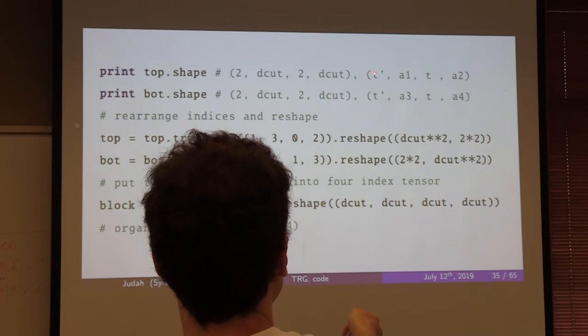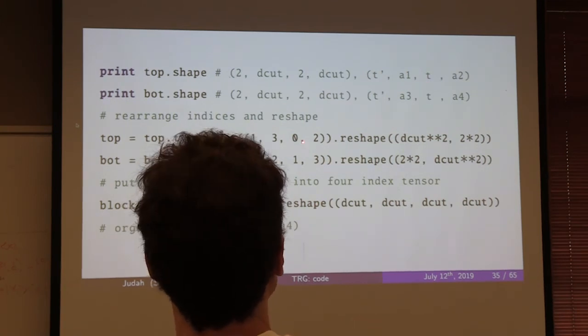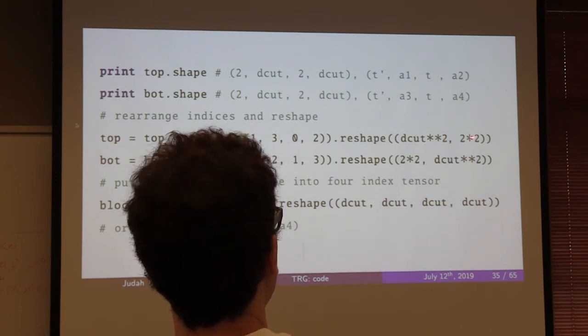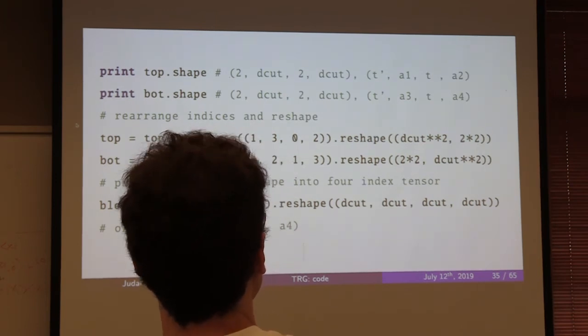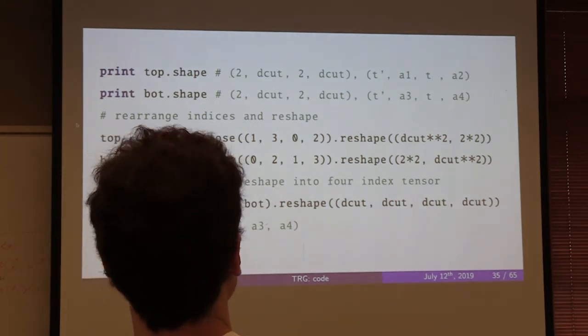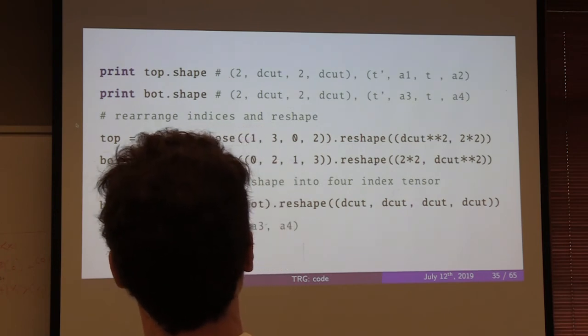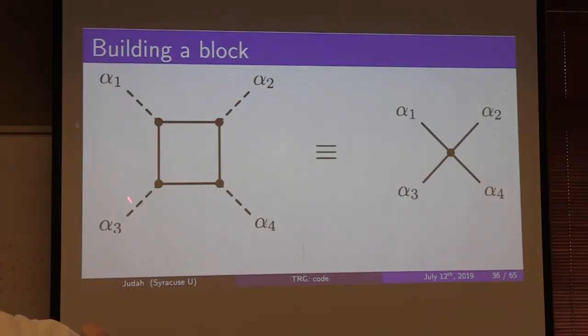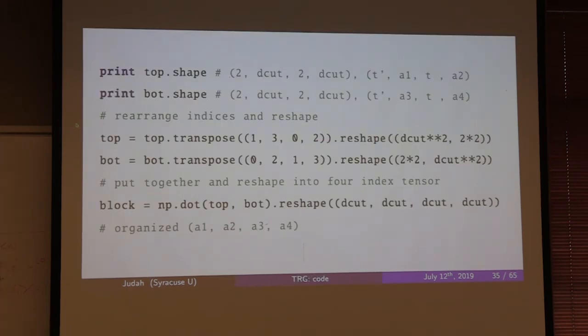So I want t prime to match up with t prime and t to match up with t. And so I transpose, so they're next to each other, and then I product state them. So these ones are going to hit these ones, and these will be left over as free. There it is, the matrix multiplication, and you open them all back up again. So this is alpha 1, 2, 3, and 4, which is the same as these free alphas here.